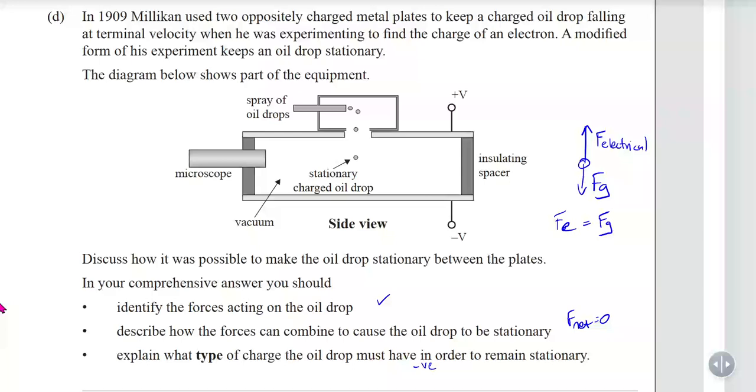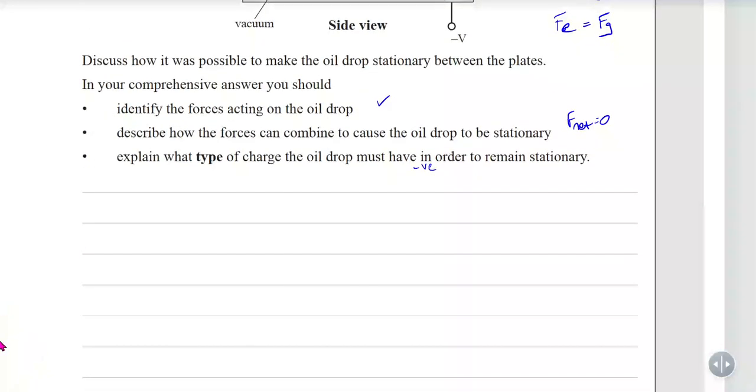But I've still got to write an answer. I can't just chuck those in there. So gravity is acting downward. F equals mg.